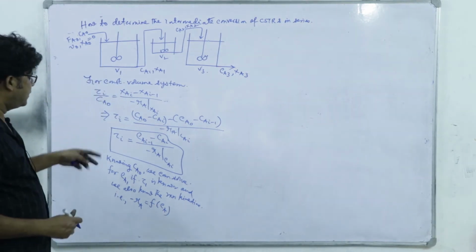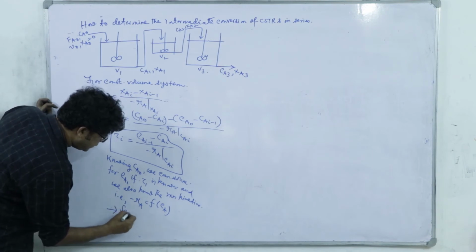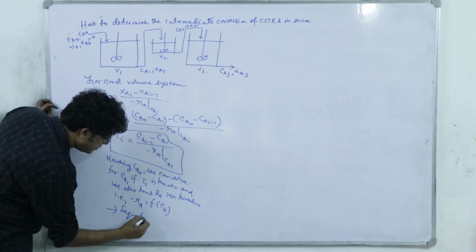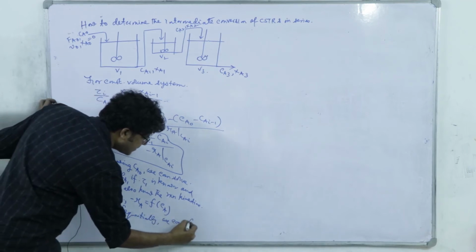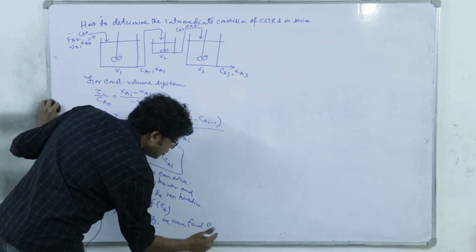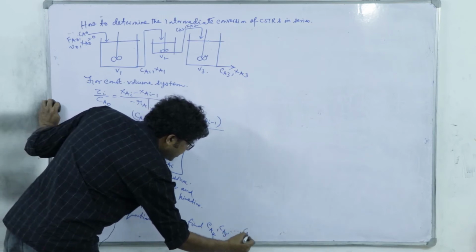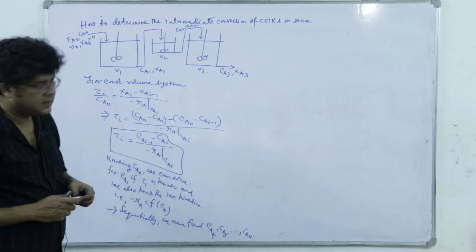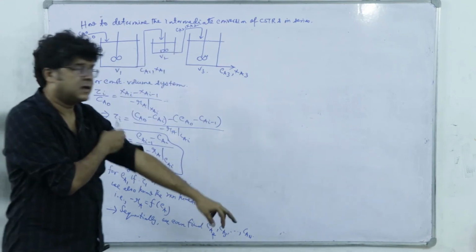Right. So sequentially, we can find Ca1, Ca2, Ca3, Can. So that is the algebraic technique of finding the successive concentration and conversion.